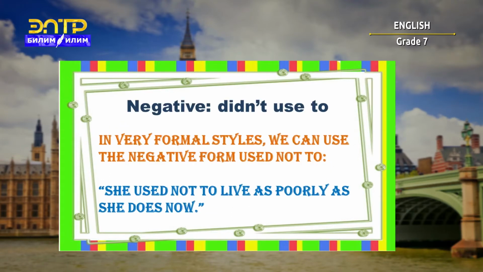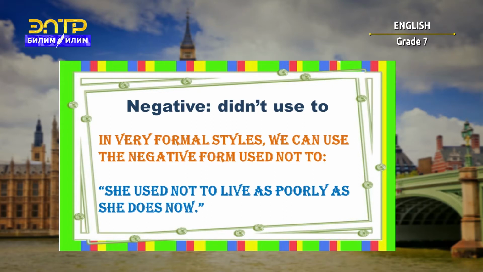And let's talk about the negative form, didn't used to. The negative of used to is most commonly didn't used to. Sometimes we write it with a final D, sometimes not. Both forms are common, but many people consider the form with the final D to be incorrect, and you should not use it in exams.